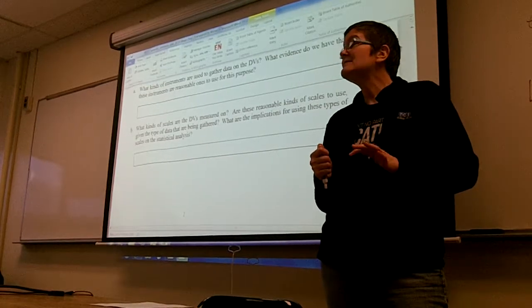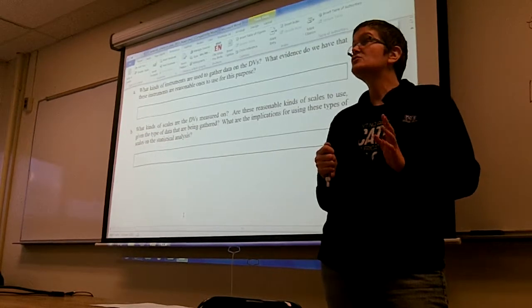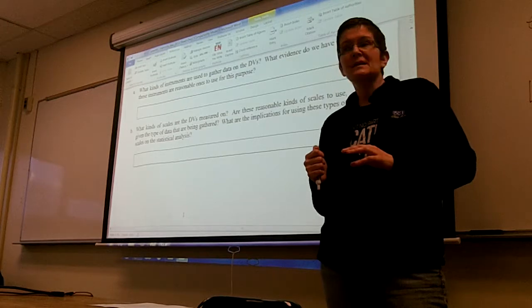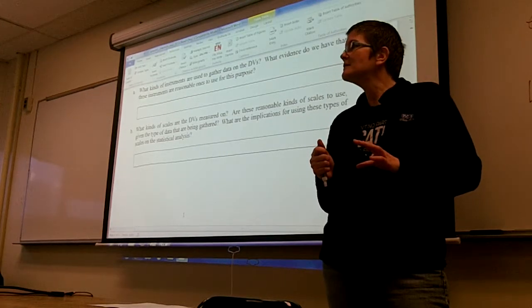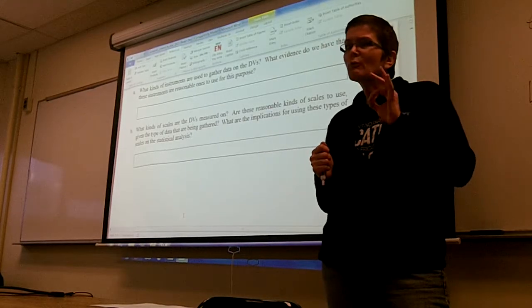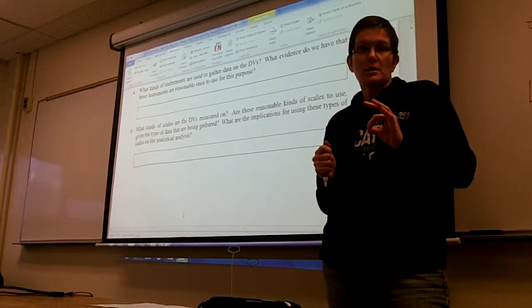But what they've done is they've assigned a number to each one of the categories, where strongly agree is 7 and strongly disagree is 1. And then they do t-tests on those numbers. Those aren't real numbers. Those are just category markers.